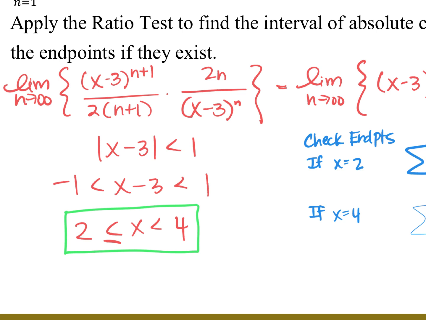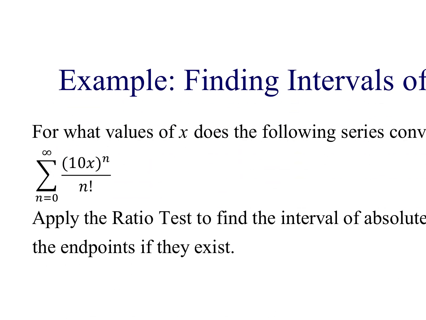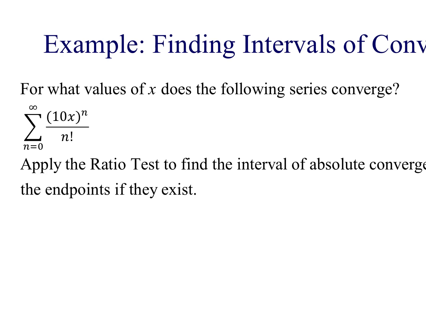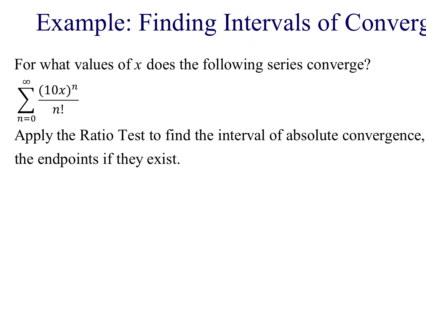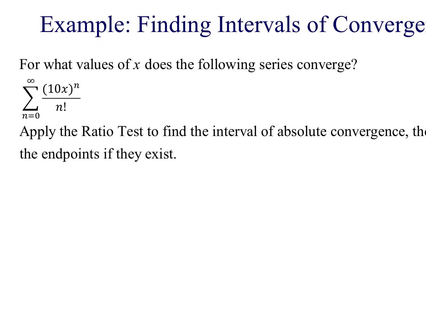You starting to get the hang of it a little bit? Okay, one more. All right, so same thing. For what values will this series finally converge? Apply our ratio test, check the endpoints. All right, so we'll do our ratio test.